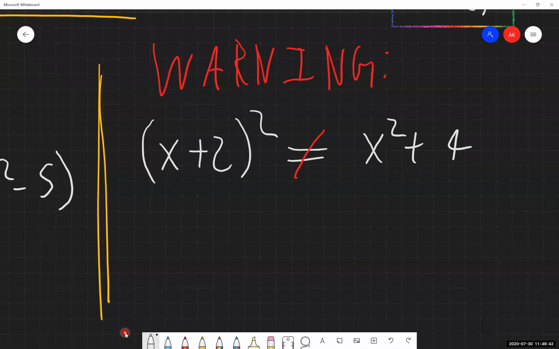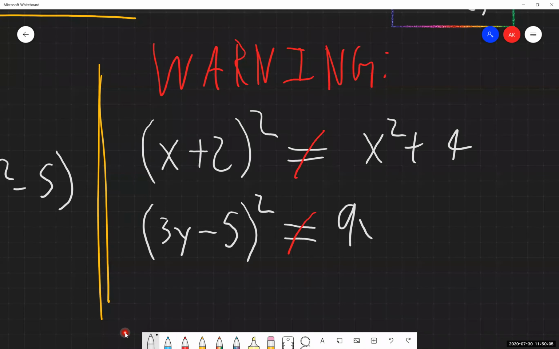Wrong. These things are not equal to one another. If you have something like, let's say, 3y minus 5 to the second power, that thing is not equal to saying, oh, it's just 9y squared minus 25.